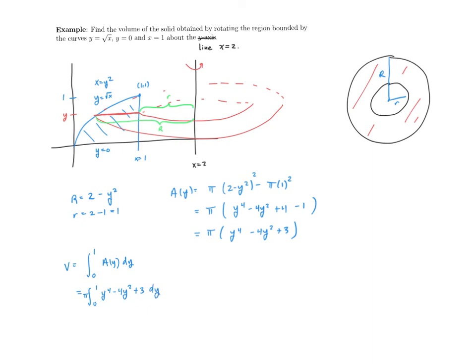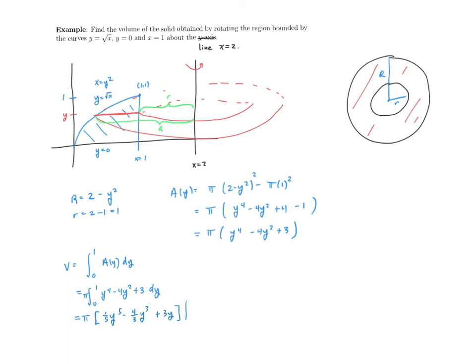Getting it to this point is really the new part of the problem. This resulting definite integral is hopefully fairly reasonable and efficient for us to evaluate. So let's go ahead and do that. We have the pi out front. We anti-differentiate term by term: 1/5 y to the fifth minus 4/3 y cubed plus 3y.